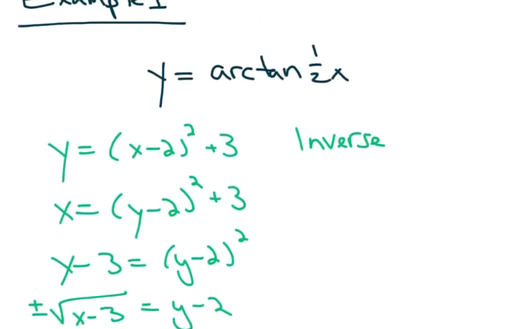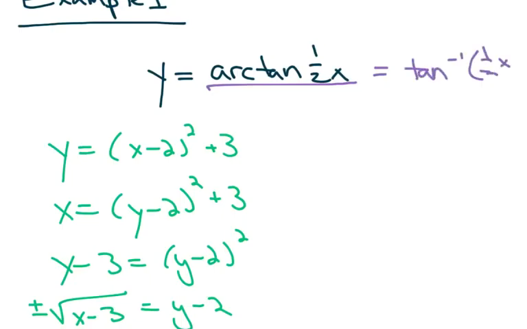So now, if I come back up here, and I want to find the equation of the inverse of arctan 1/2 x, which is the same thing as inverse tan of 1/2 x in the notation that modern textbooks use, you would start the problem by switching x and y, and then you would solve the equation for y.